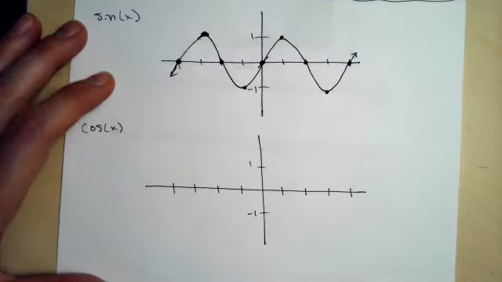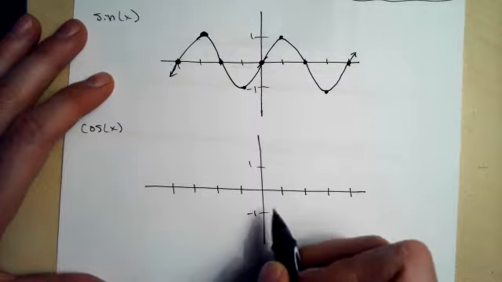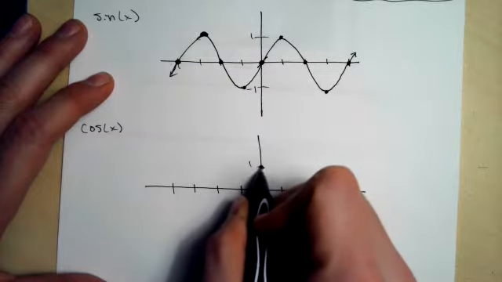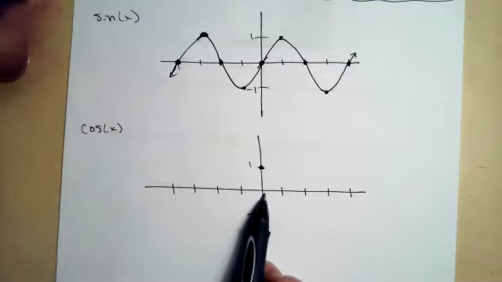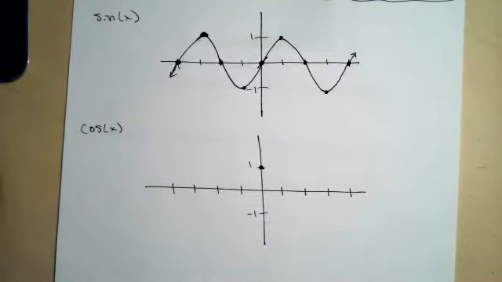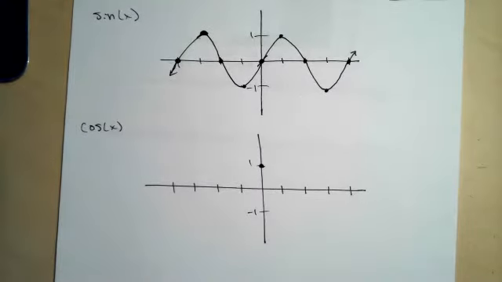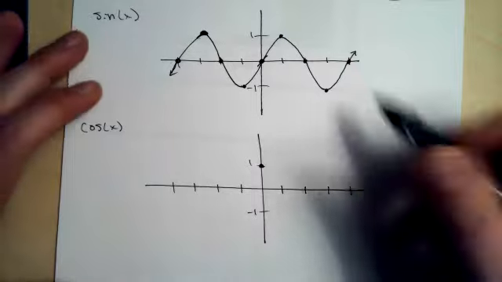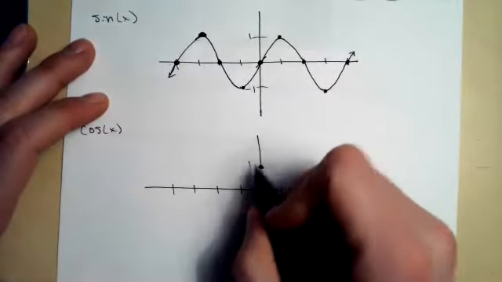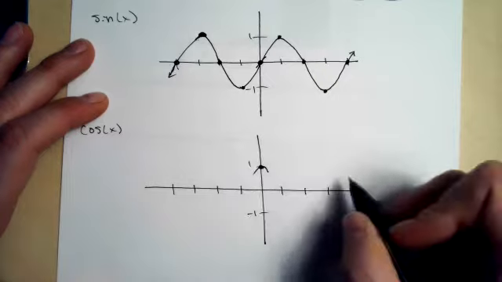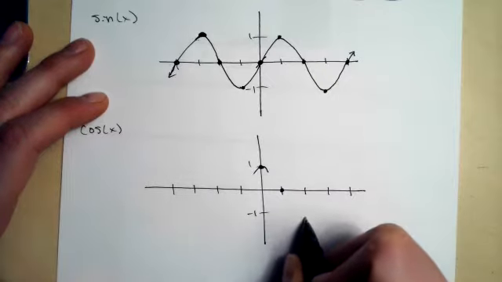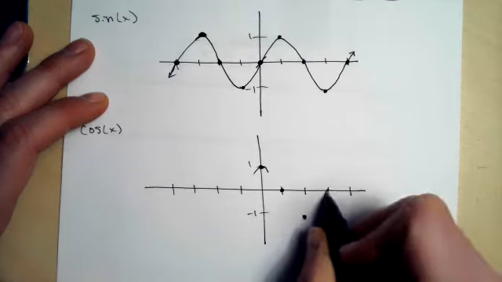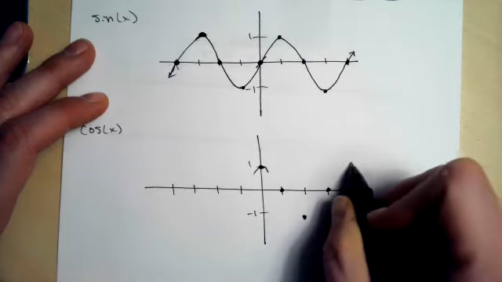And then the thing to remember about cosine is that cosine starts at a peak. And when I say start, I mean relative to our axis. So we're starting at x equals 0 as our typical starting point. It'll shift if we have horizontal shifts going on, and we'll deal with those when they come up. So cosine starts at a peak, which means when we move to the right, we'll hit the midline, down to the valley, up to the midline, and then back to a peak.